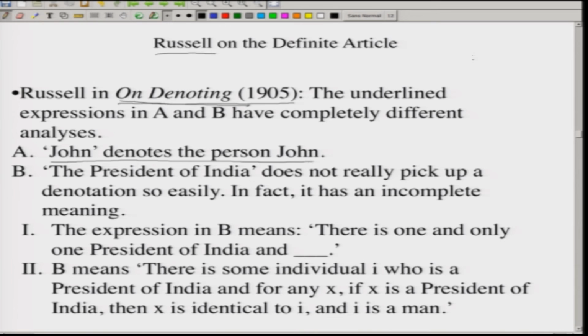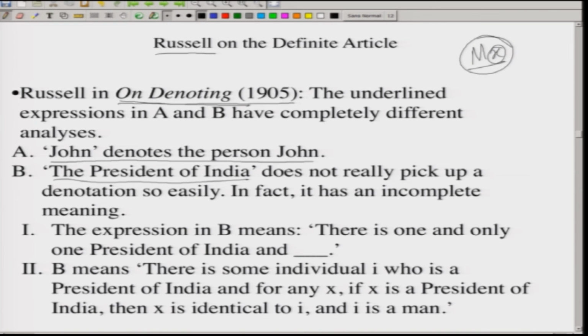So, yes, we have MX and X could be directly replaced by John, and we could have John is a man, but the same does not apply to this phrase, the President of India, because the President of India does not really pick up a single denotation so easily. Of course, not like what John could do. In fact, it has an incomplete meaning.